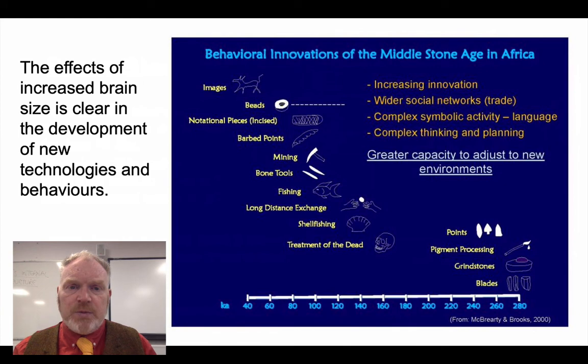We can see this when we start to look at the technology that humans were able to develop, that moved on in really a very short period of time through a whole series of developments that allowed them to cope, to get the food, the shelter, the water that they needed to survive.